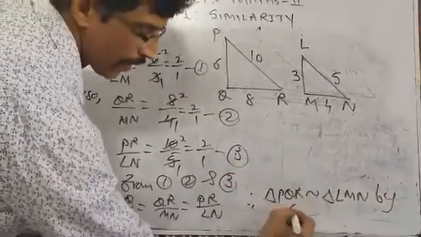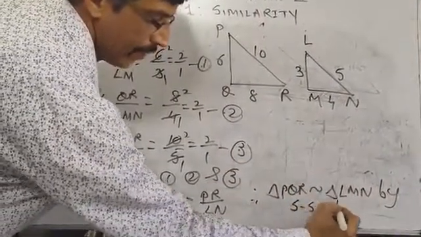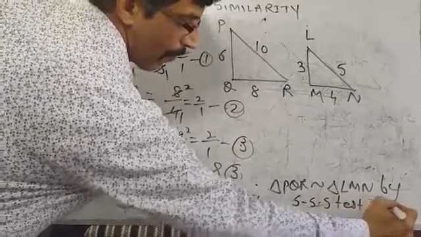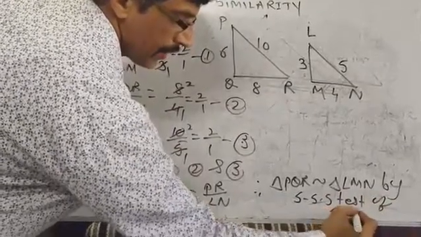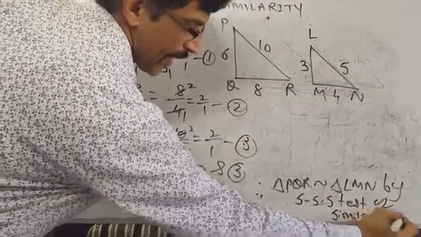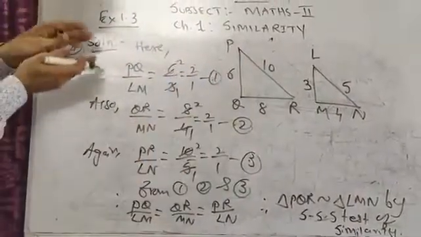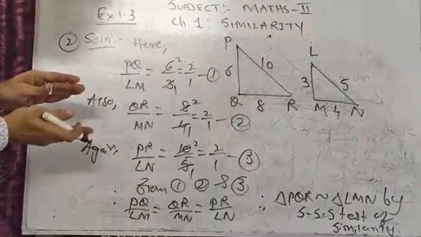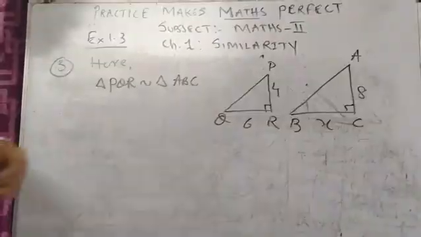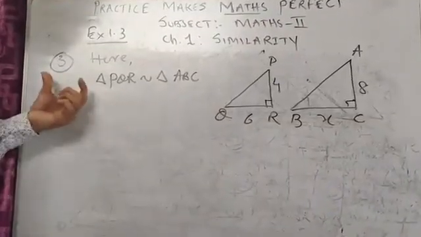It is by side test of similarity. Side test of similarity. So when the values are given, we have to check the ratio of the sides. Okay. Now come to sum number 3.